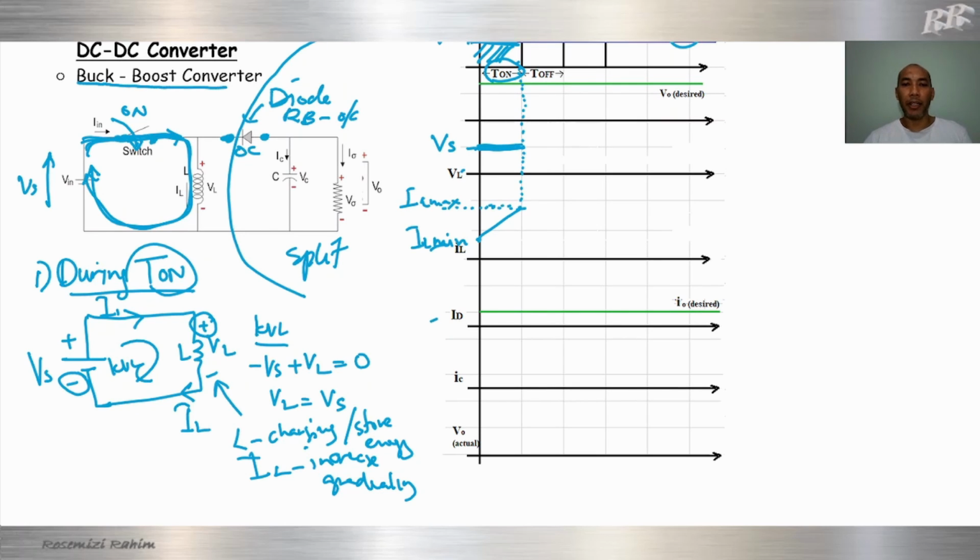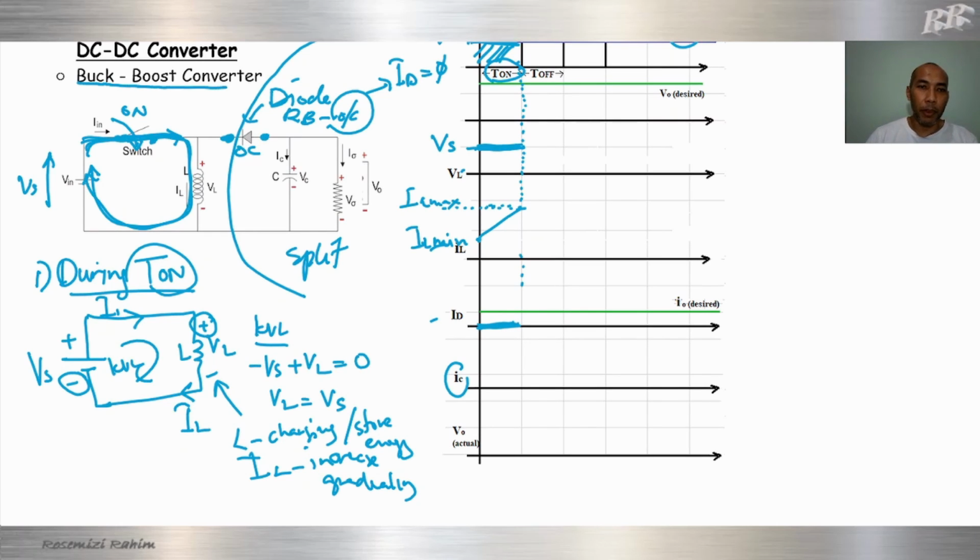Next, ID. What is ID? We know that this diode is open circuit, so ID equals 0 during T on. Next, what is IC?